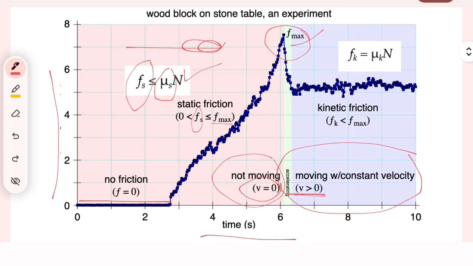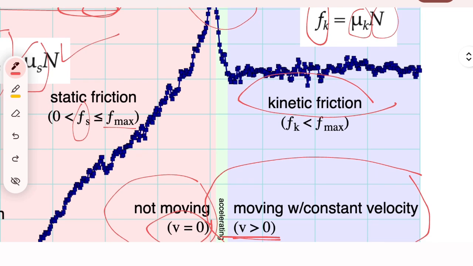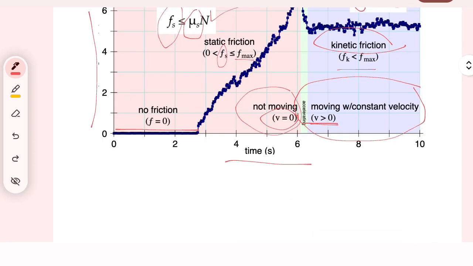It's now kinetic friction, Fk. And the coefficient there is not the static coefficient anymore, but we are now using mu k. It has a different value now when the box starts to move. So the coefficient of kinetic friction, mu k, will be used in this case, and of course you multiply it by the normal force. And Fk is less than the maximum static friction.